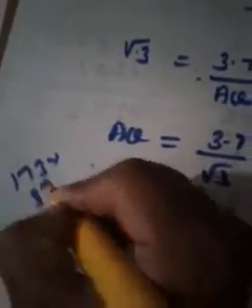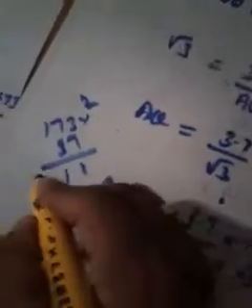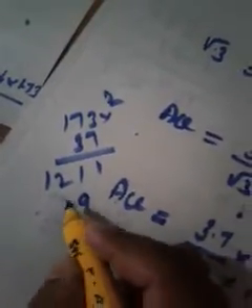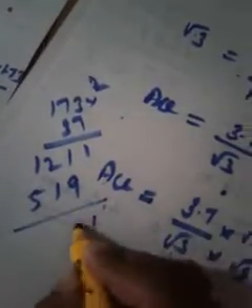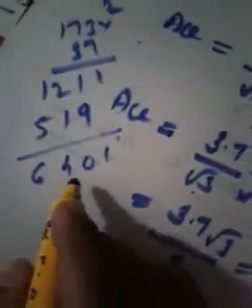Otherwise you have to multiply very fast, 1.73 into 3.7. How can we multiply 173 into 37? So the answer is 6401.